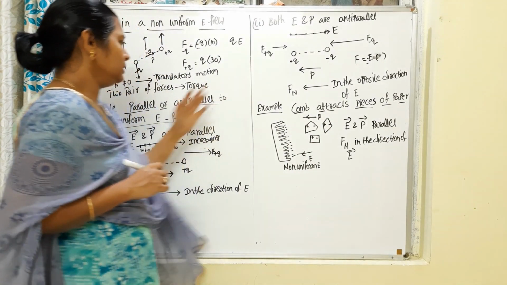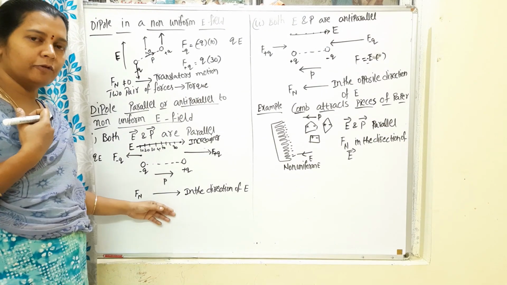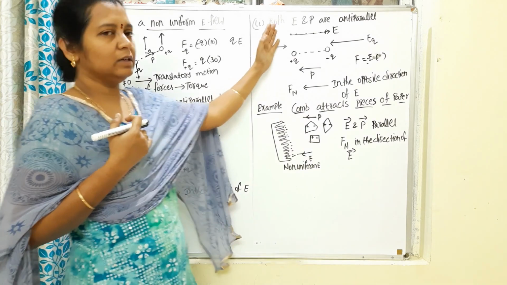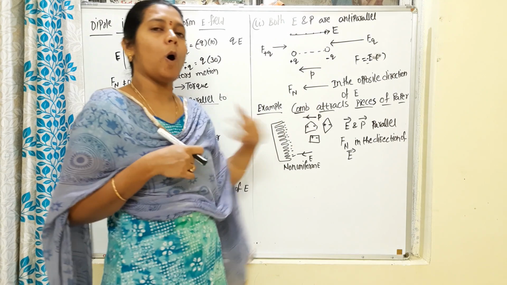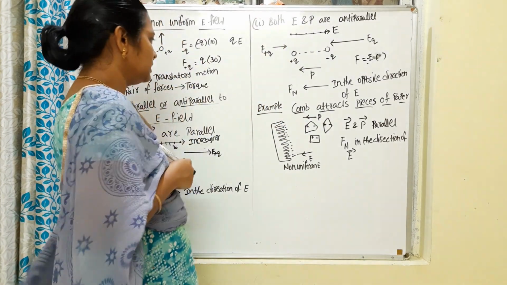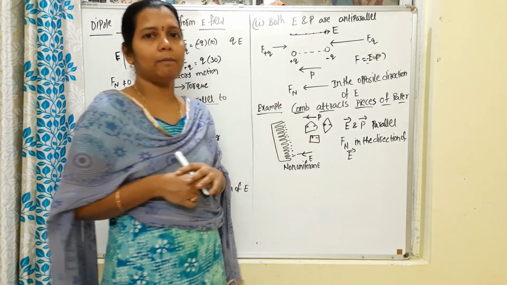So if E and P are parallel, the net force is in the direction of the electric field. If E and P are anti-parallel, the net force is opposite to the electric field, right? By considering these things, we are going to apply them to a simple example.